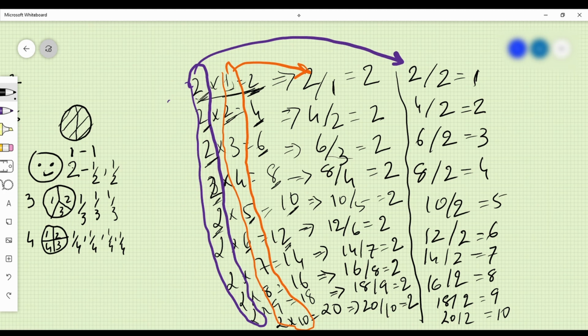So if I got 2 pizzas and I make 4 quarters each, I got 8 quarters. If I got 4 pizzas and I make 2 parts of each, I get 8 halves. So depending on which number you multiply, you can have 2 pizzas or you can have 4 pizzas.